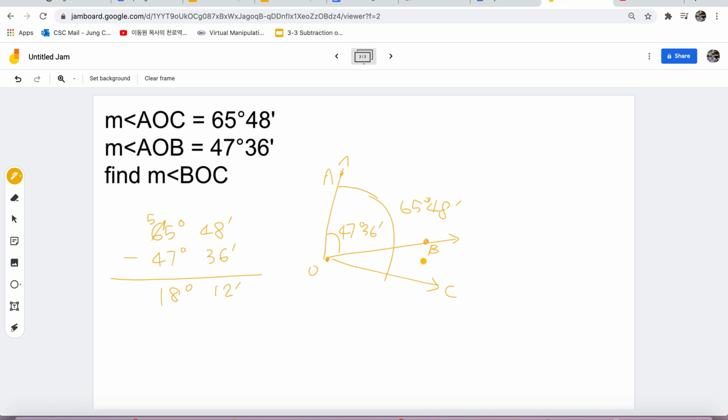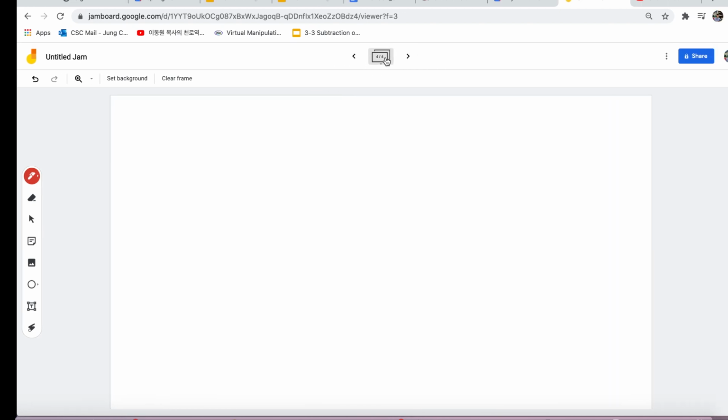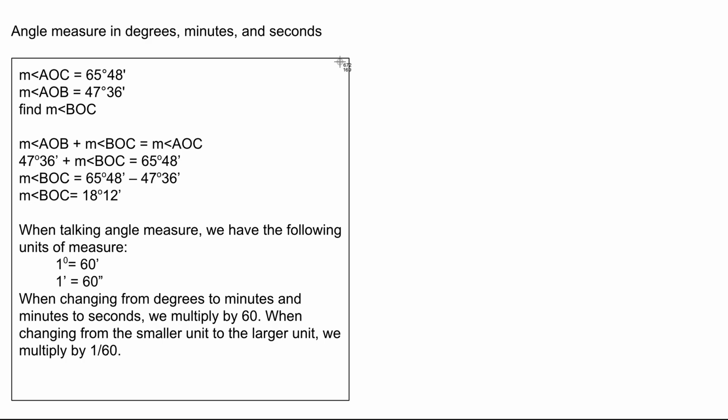So measure of angle BOC here is 18 degrees and 12 minutes, right? Okay, and we have one more problem from the same example. Let me copy that down. No, it's not given here.